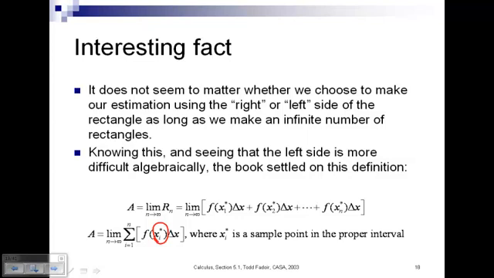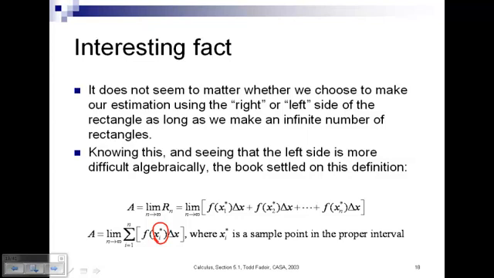Okay? X sub I star basically says it doesn't matter which value you choose in the ith interval. Because as the number of rectangles increases, the width of every rectangle decreases, and you end up squeezing to a single value anyway. So they use this notation.